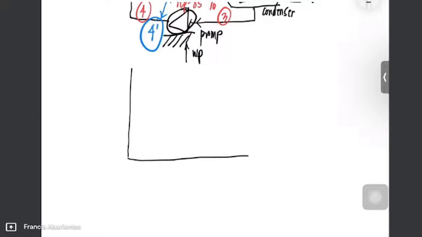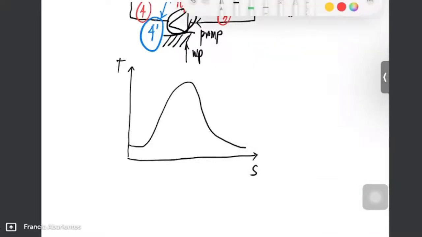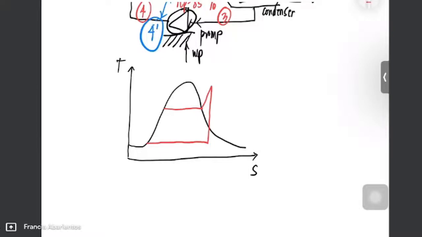Yan. TS diagram mo. Wait. We have now your TS diagram. Walang pinagbago. Okay. Anong mangyayari? Kanina ganito yung graph natin. From point 1 to point 2. Yan.